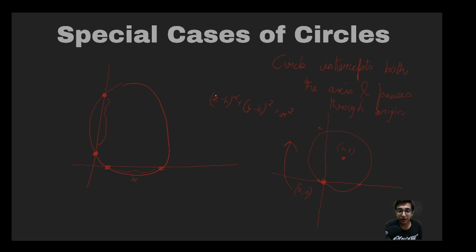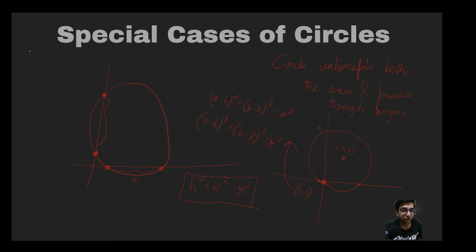So from here what do we get? We can put x to be 0 and y to be 0 as well. This would be satisfying the equation. So from here we get one equation, that is h square plus k square is equal to r square. This is one of the equations that we can find out from this information.